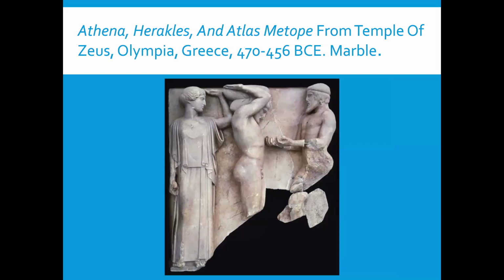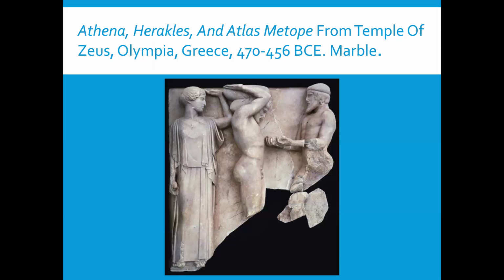From the Temple of Zeus, this is a metope frieze, or a metope relief sculpture. And so it went all the way around to tell a story. And they thematically connect to the site. So the Temple of Zeus at Olympia is the site of the Olympic Games, the first Olympic Games.